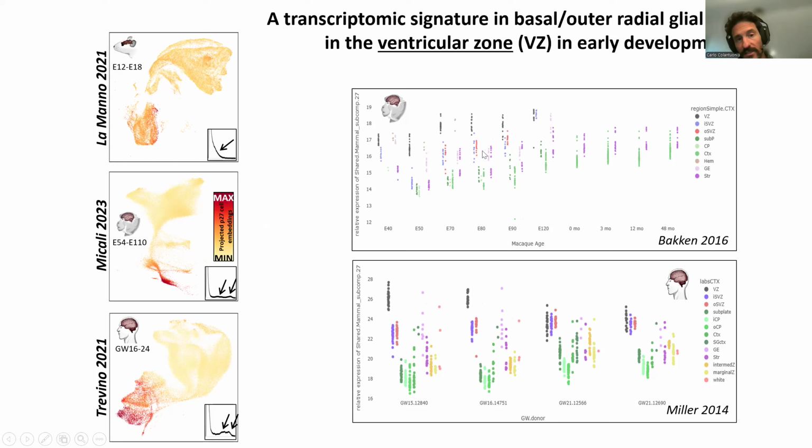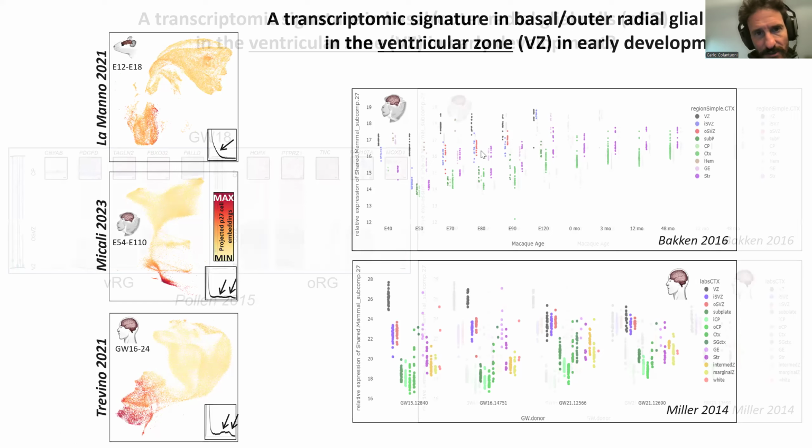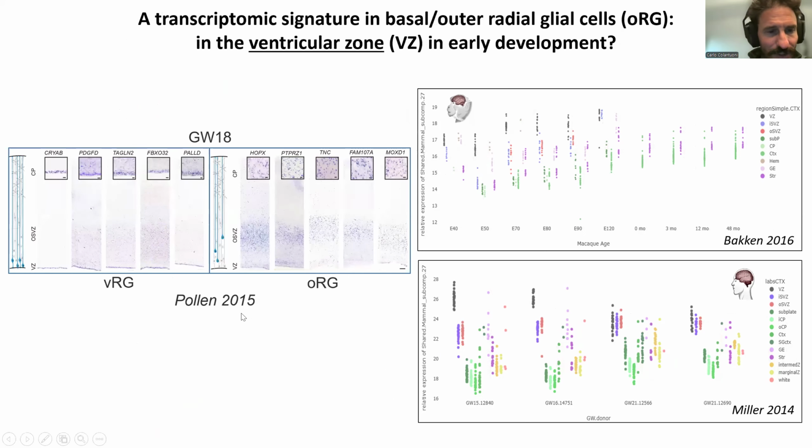But if this really is a signature of the outer radial glial cell, why is it the highest in the ventricular zone? So I pulled up Alex Pollen's paper from 2015 to look at this more. And this is a picture. They did some staining here at GW18 for what they found to be ventricular radial glial markers or outer radial glial markers.